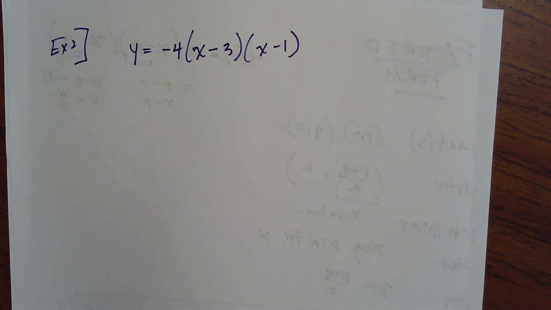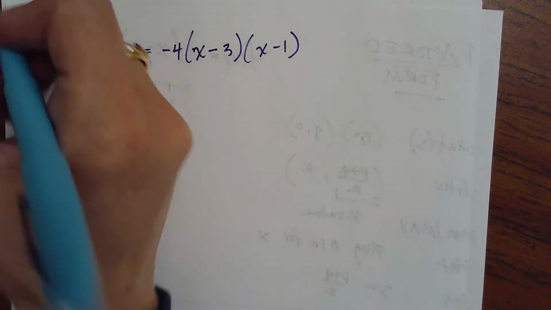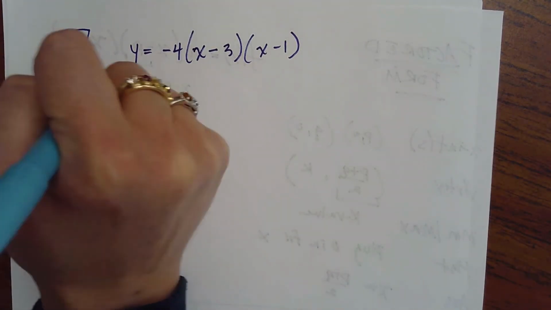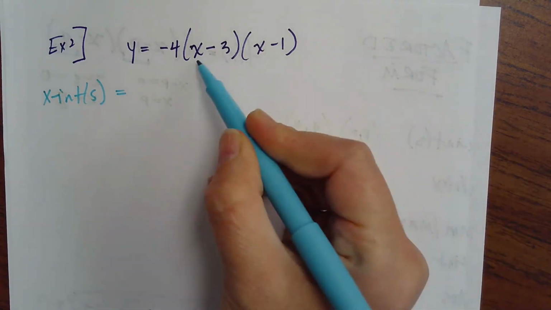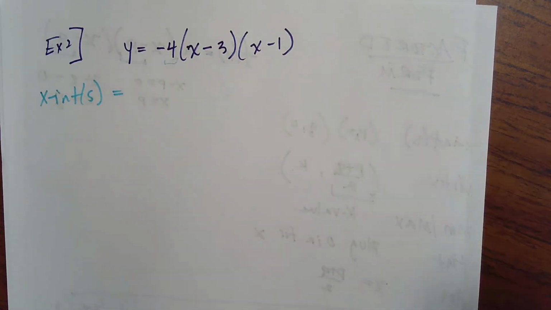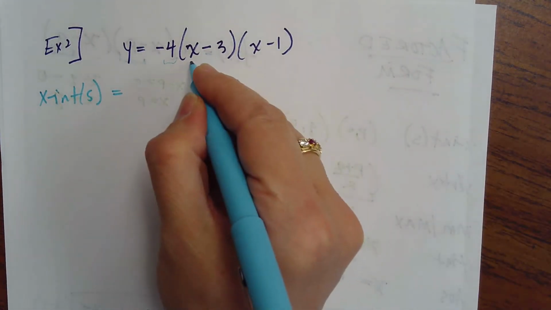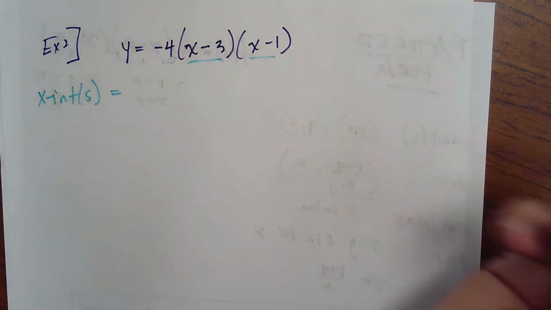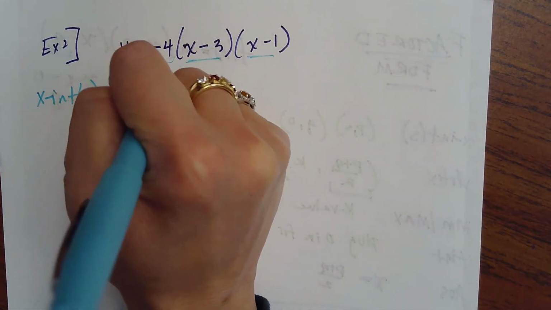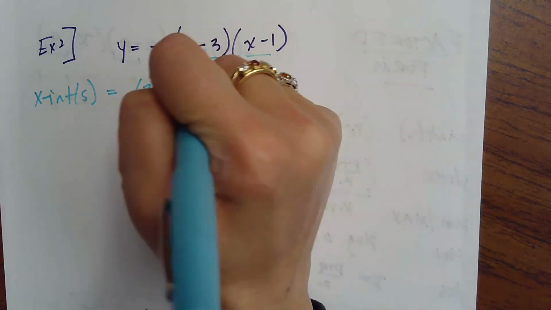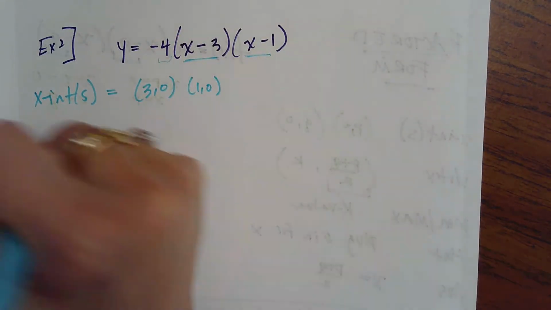Like I mentioned, let's go ahead and start by finding our x-intercepts. This 4 out here makes no difference in our x-intercepts. This is still in factored form, so all you're doing is setting both of those factors equal to 0. You can probably do that in your head, right? So you get 3 and you get 1.